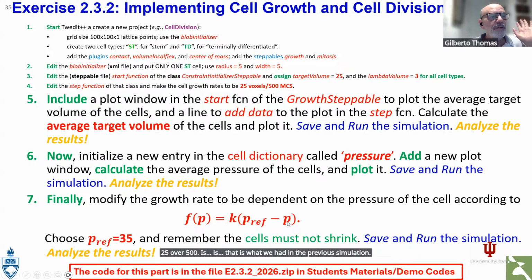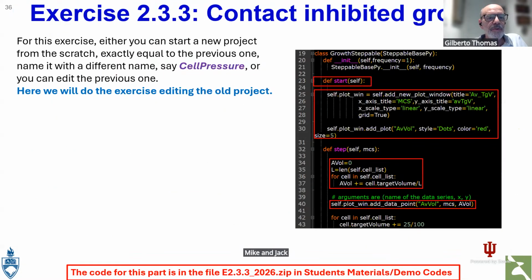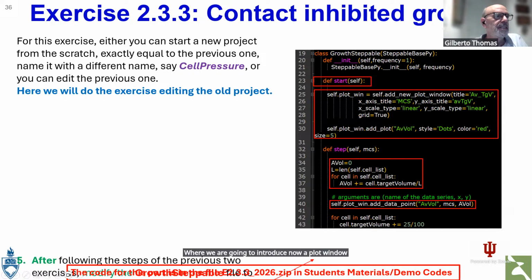Now we are going to watch the growth. We are going to introduce, this is the most elaborate model so far. Let's go by parts. This is the initial growth steppable, where we are going to introduce now a plot window like we did before.